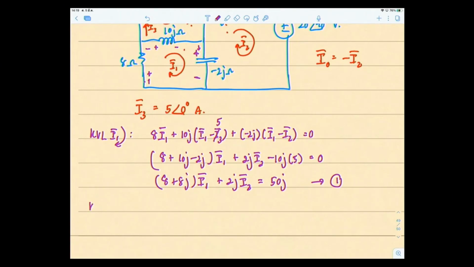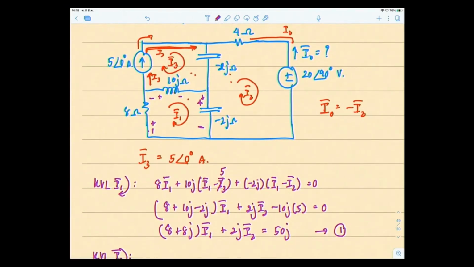Then KVL I2, taking I2 as my main mesh current. I2 passes through minus 2J in this direction, so positive, negative here, and then like this, positive, negative. I'm going to start from the bottom right here.